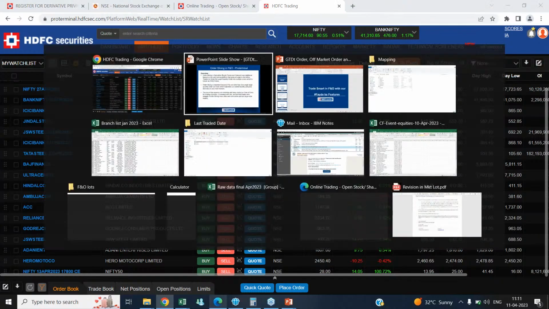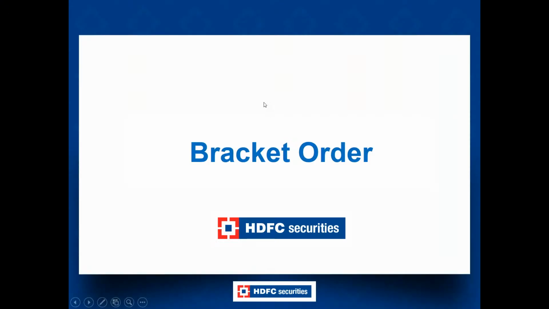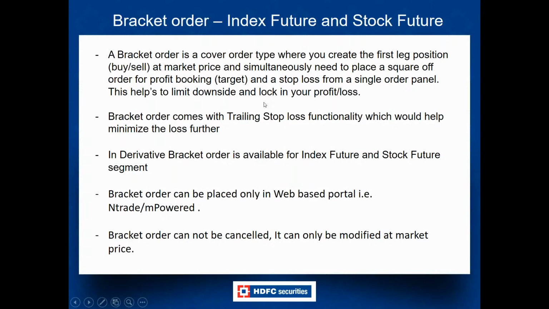Now let us go further with our second feature called bracket order. Bracket order is a cover order type where you can create the first leg position at market price, and simultaneously place a square off order for profit booking and a stop loss order from a single order panel.